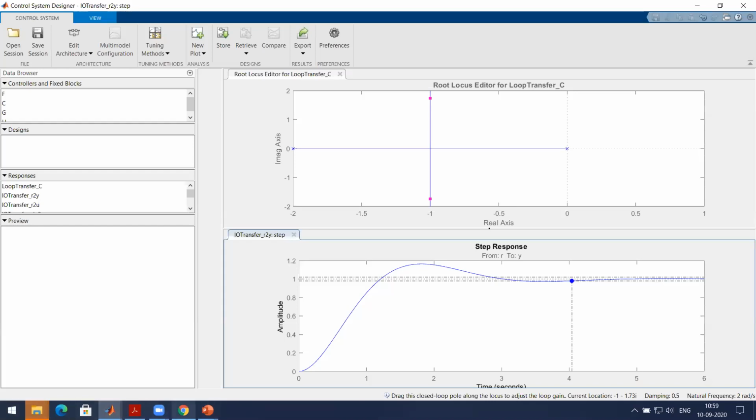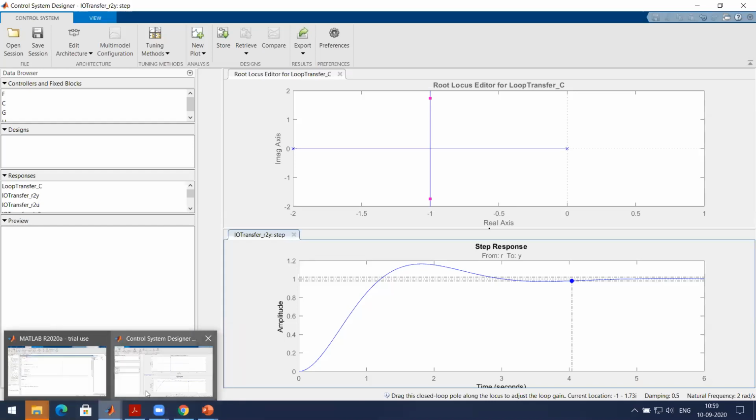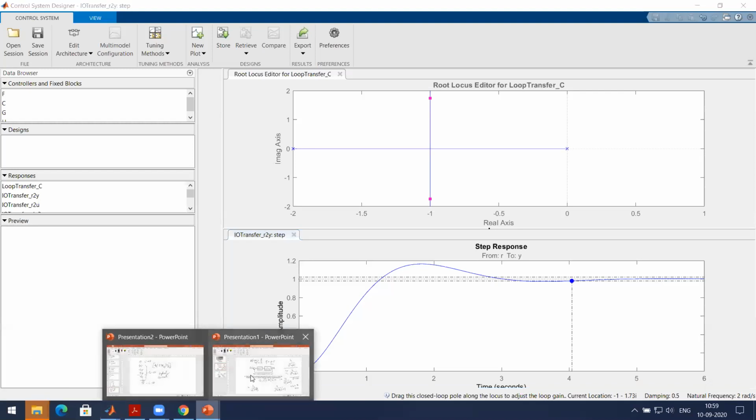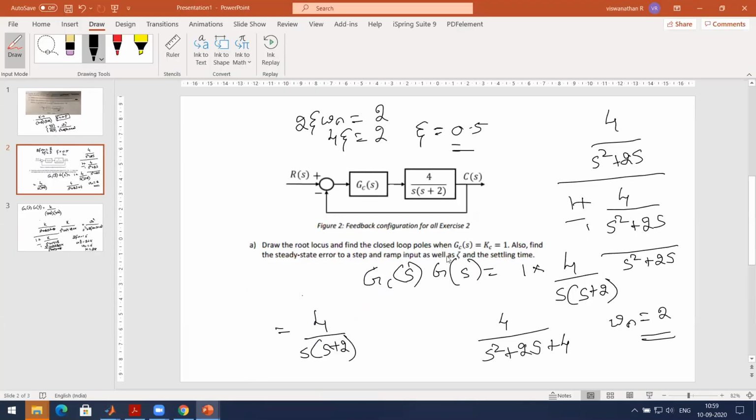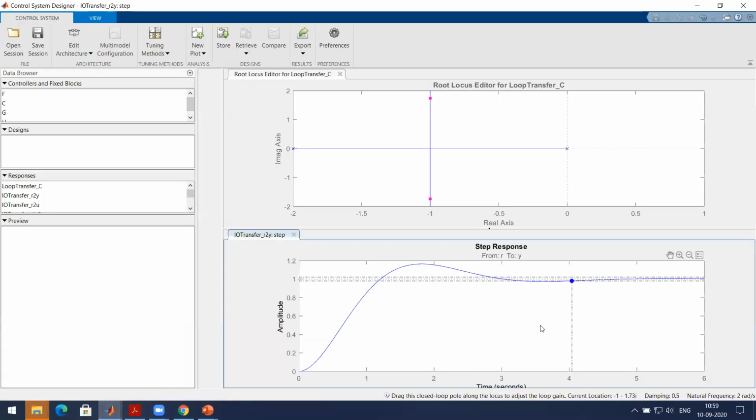And then steady state error. Characteristic steady state. If you click here, it is 1. Final value is 1, so steady state error is 0 only.